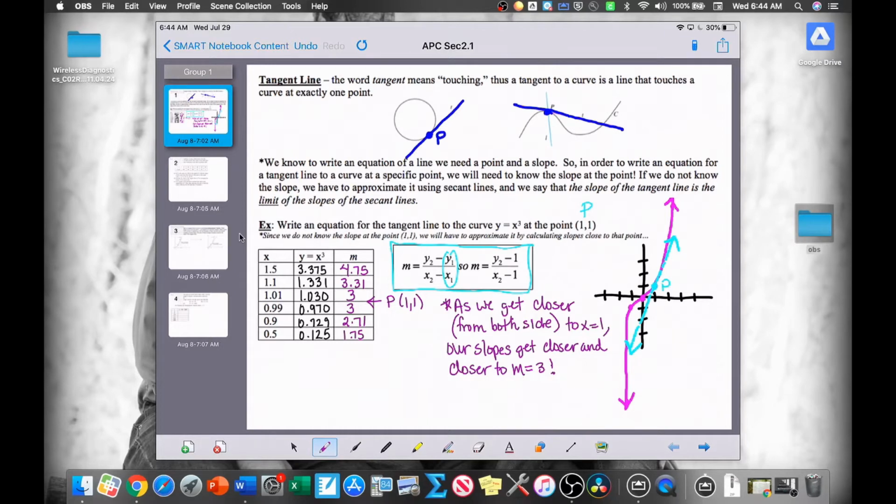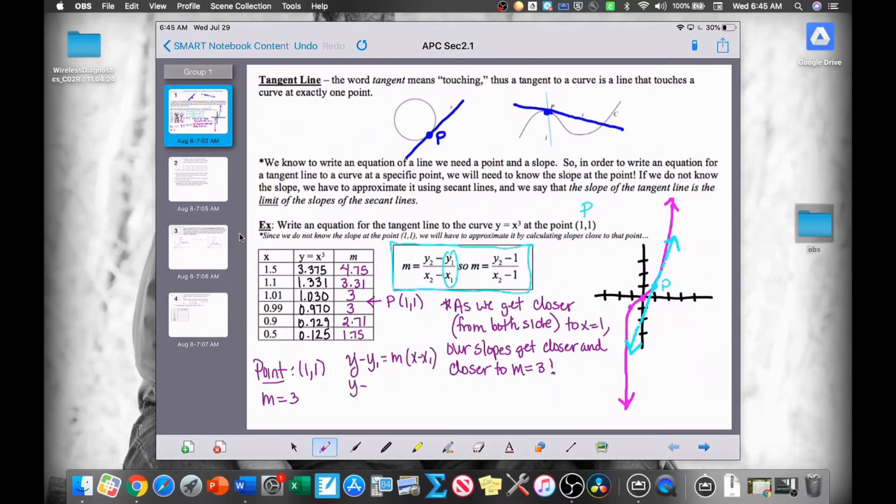So now we're ready to do what the problem asked us to do, which is to write the equation of the tangent line to the curve at that point. We know that our point is (1, 1), and we know that our slope is 3. So now we just do point-slope form: y minus y1 equals m times x minus x1.